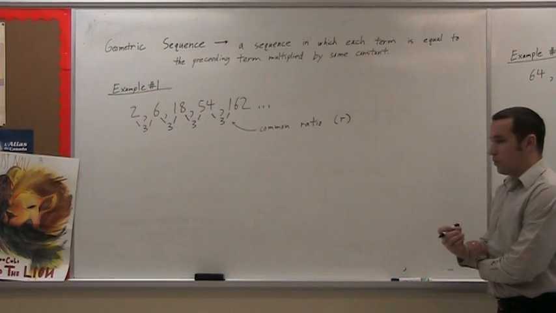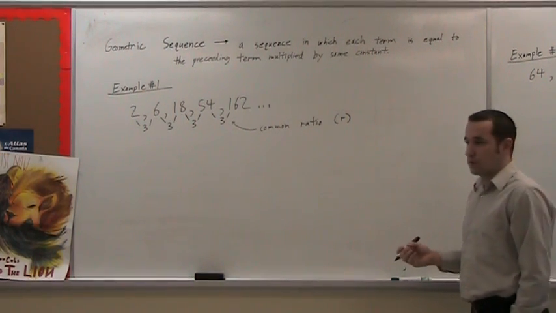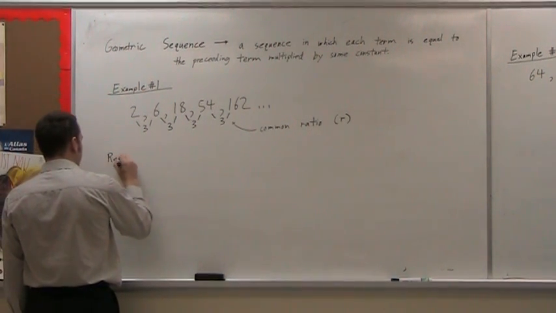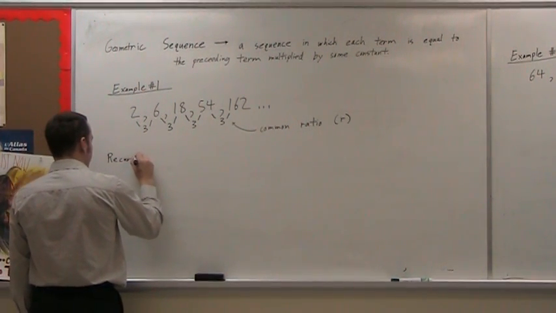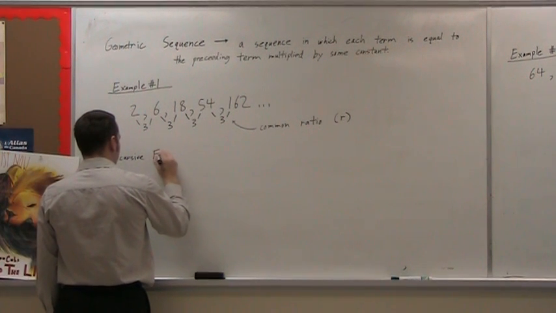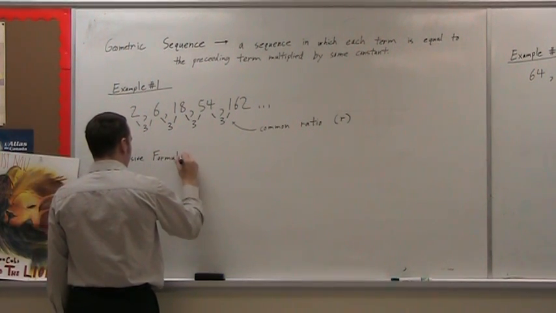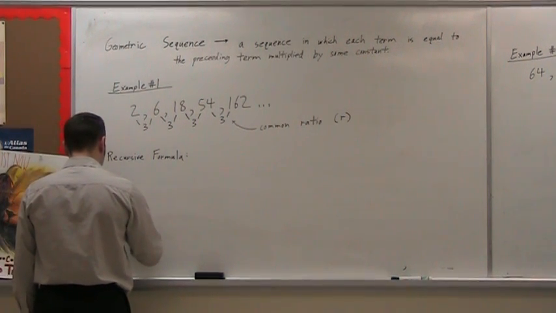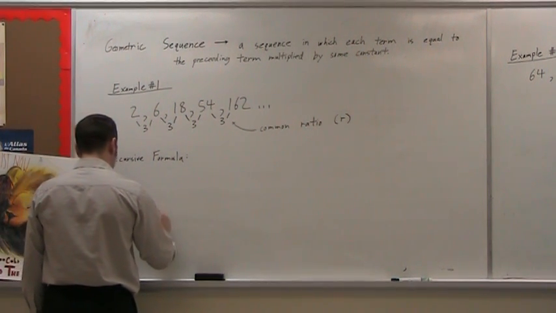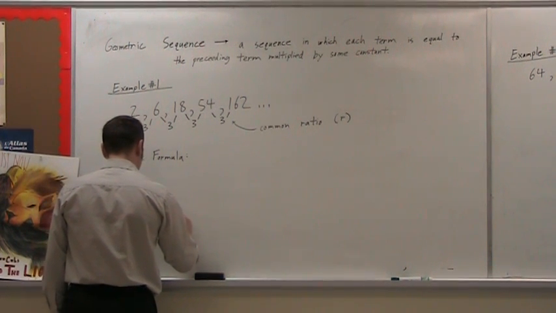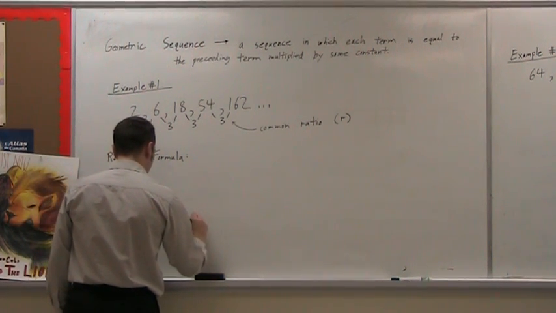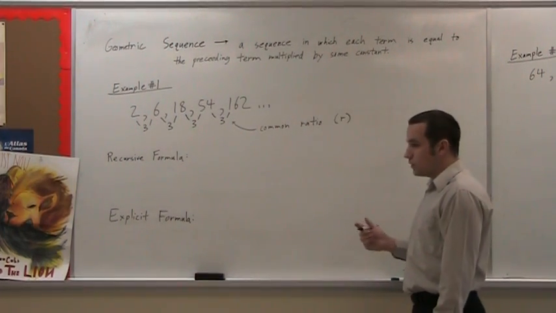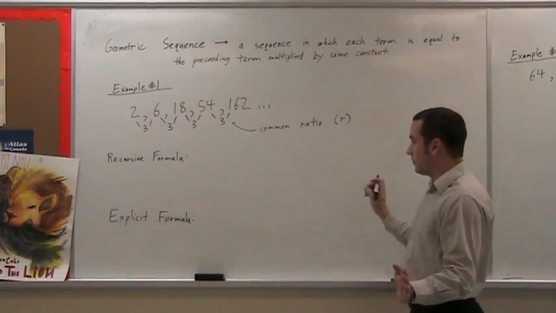So again, what we're going to want is a recursive formula and an explicit formula for this. For the recursive formula, we tell the person what the first term is.